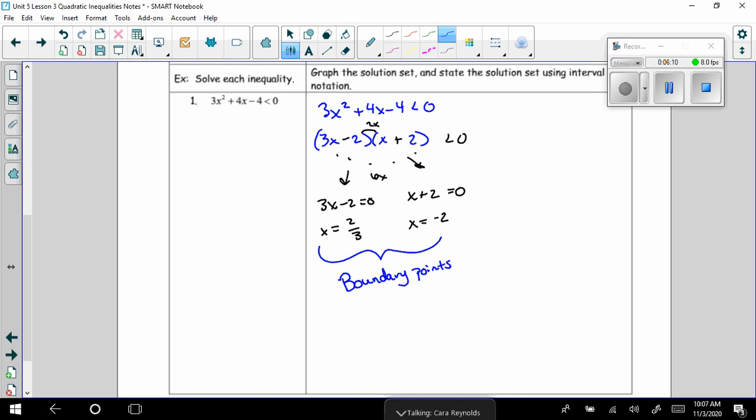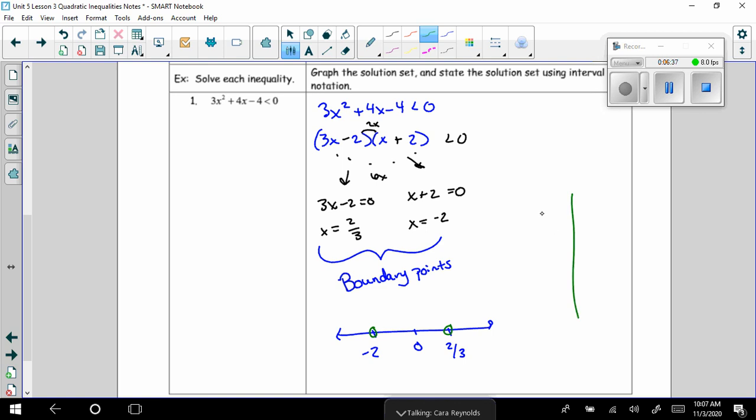What we're going to do with that is look at negative 2. We have a 0 here, and then 2/3. We're going to look at these different intervals of our graph on either side of our boundary points, and we're going to see what signs we get.